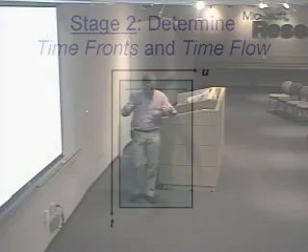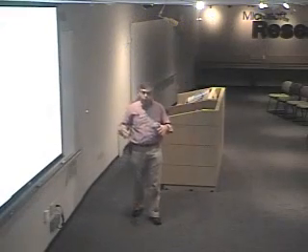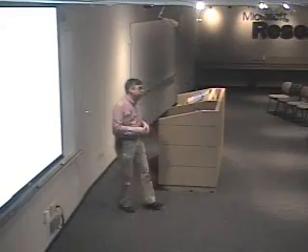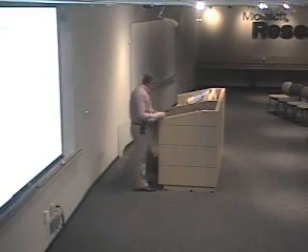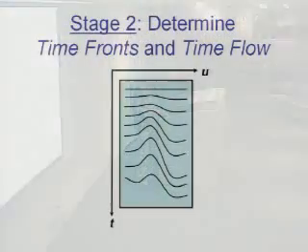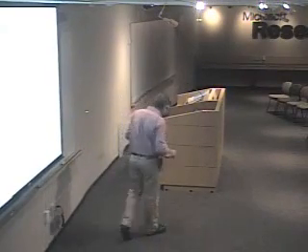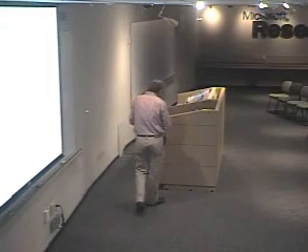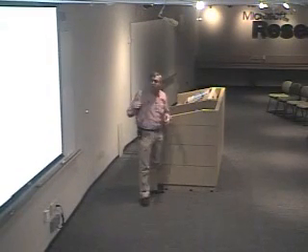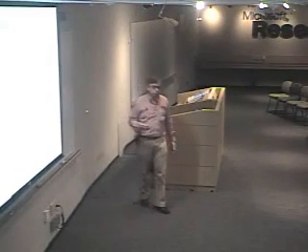We take a surface in this space-time volume, and this surface will define one frame of the output video. Then we take a progression called time flow, and a sequence of such surfaces in the space-time volume of the original video will define the output video.